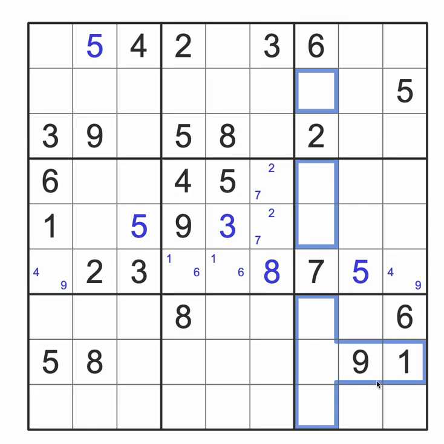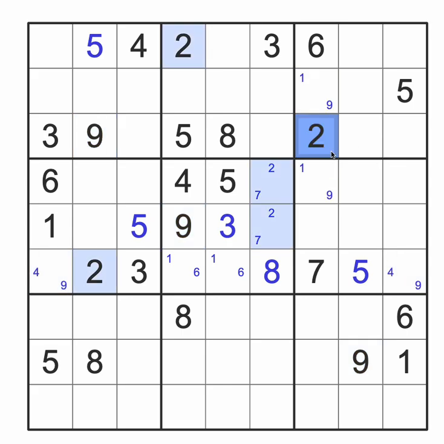Here's 1 and 9, so I cannot use these 3 cells for 1 and 9. And here's 1 and 9, so this cannot be 1 or 9. That gives me a 1 9 double here. There are many other ways to go about it, but I think this is the quickest, I think.